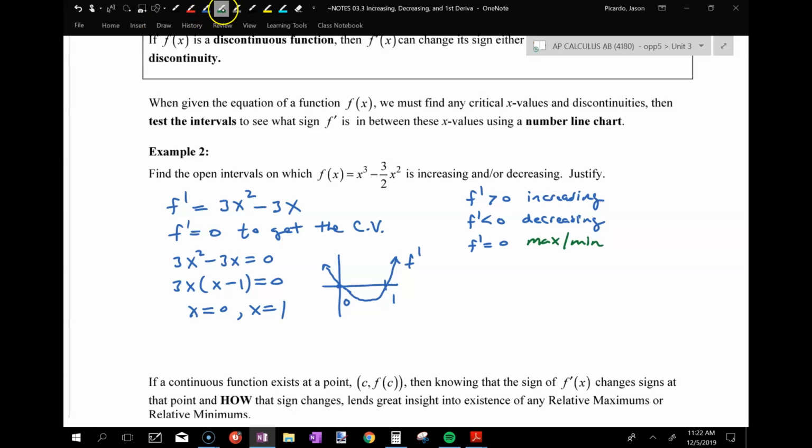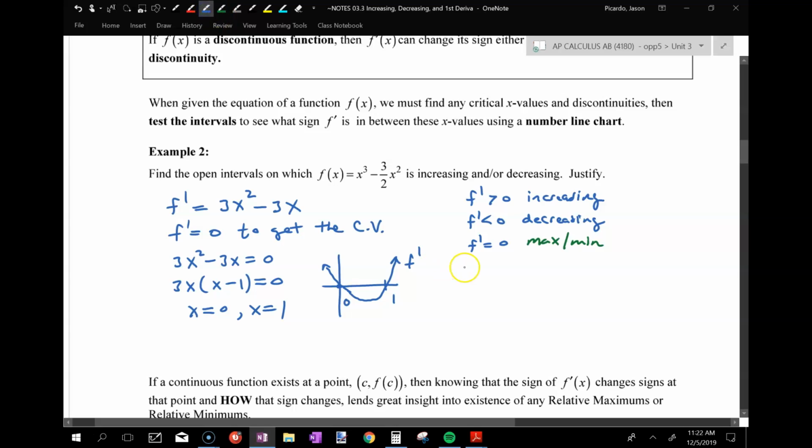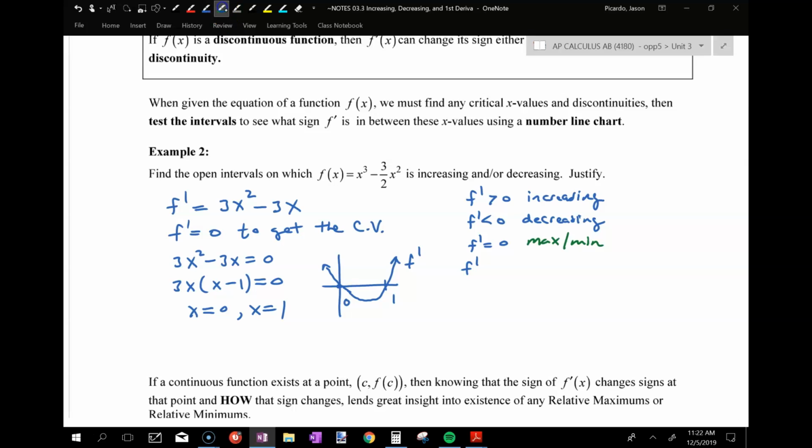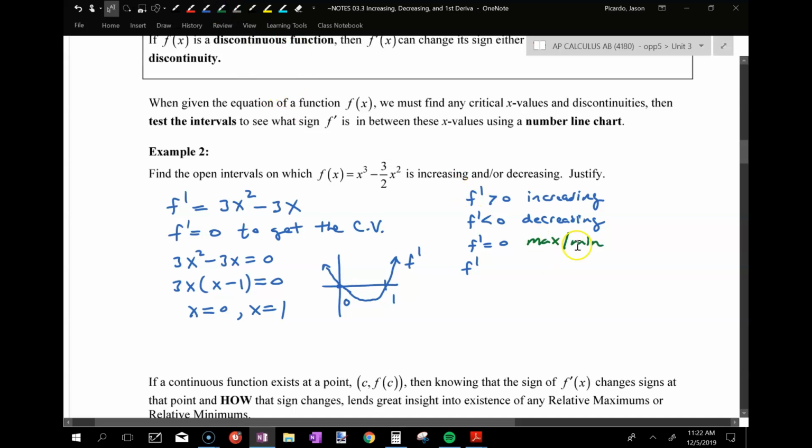Also remember that we also have this possibility. Actually, hang on a minute. Do me this favor, guys. Write max, min, possibility. And we'll talk about what that means in a minute.